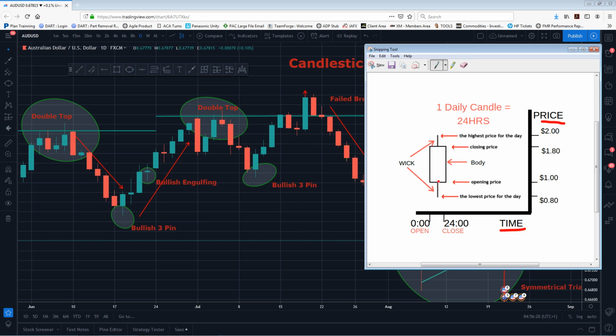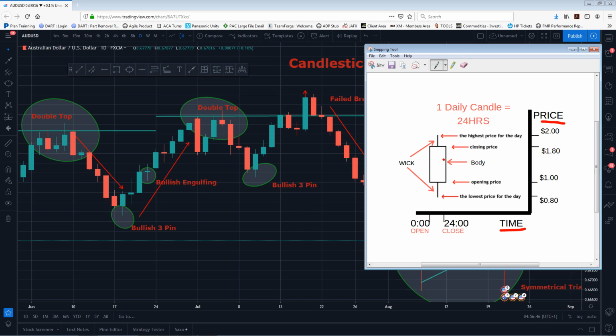Because it's a daily candle, it opened at 0-100 hours, and at the open of this candle, the price was $1. You understand that? And here, 24-hour close. The top of the body represents closing price. When it hit the 24-hour mark at closing, the price was $1.80.